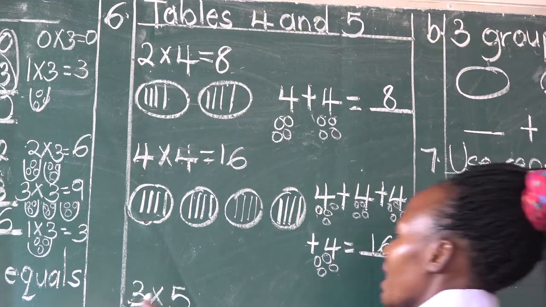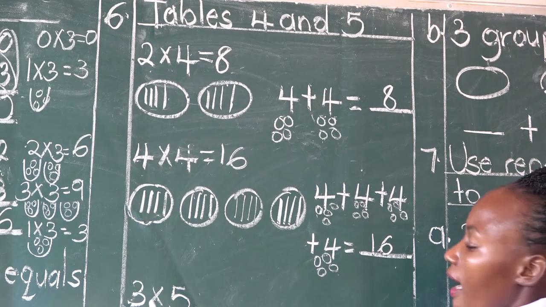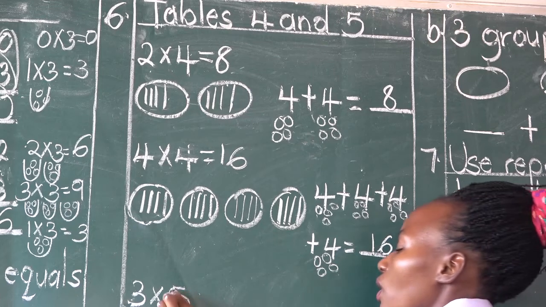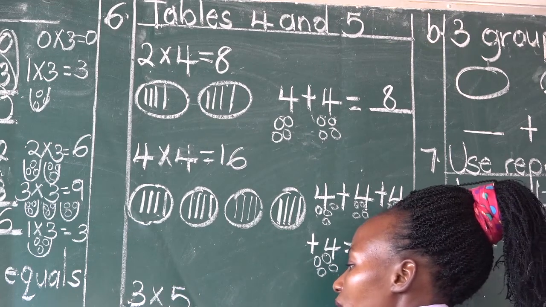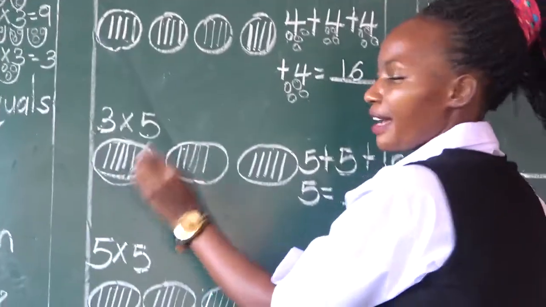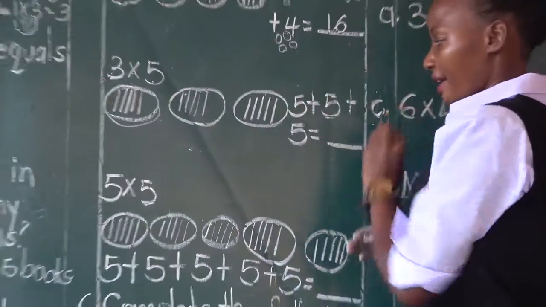Then here we have 3 times 5. 3 times 5 is the same as saying 3 groups of 5. There were 3 groups, 1, 2, 3, each group containing 5.